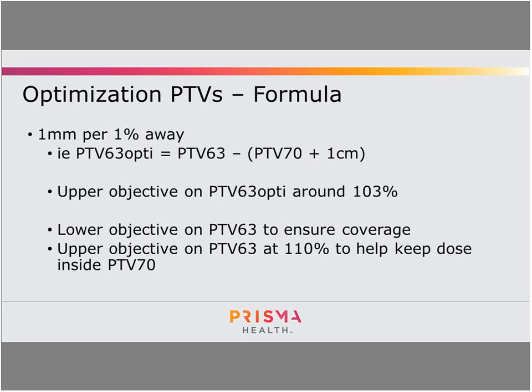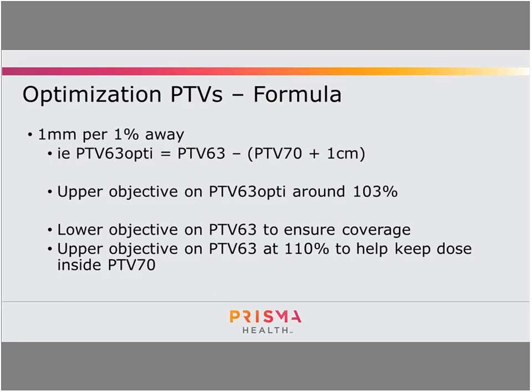So if we look at this equation here, I called it just a PTV 63 opti. You're going to take your whole PTV 63, and from that you're going to subtract an expanded PTV 70. And to give some more specific examples of what I would actually do on constraints on that optimization PTV, now you can put a very tight dose constraint on there.